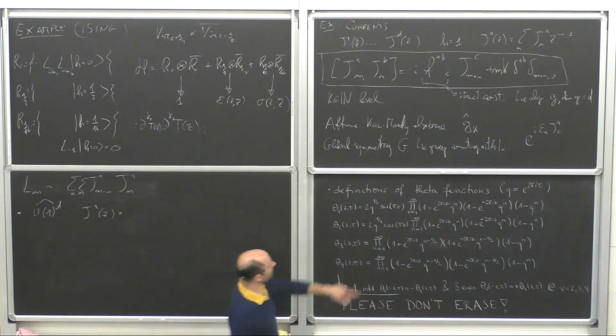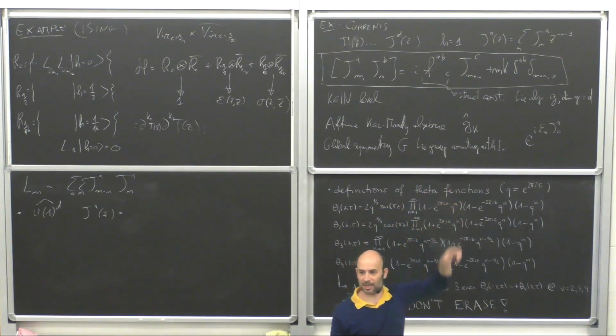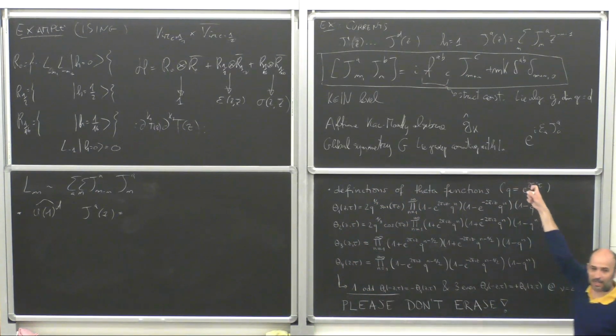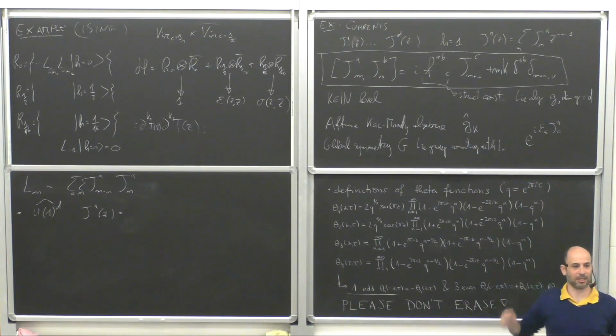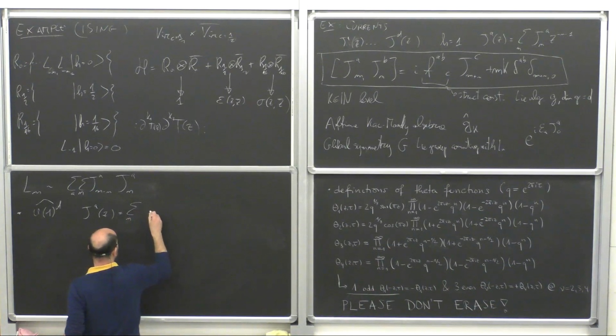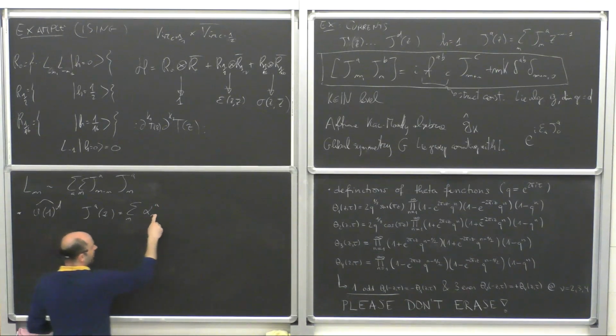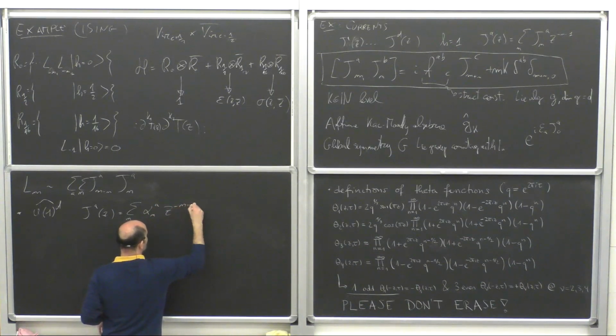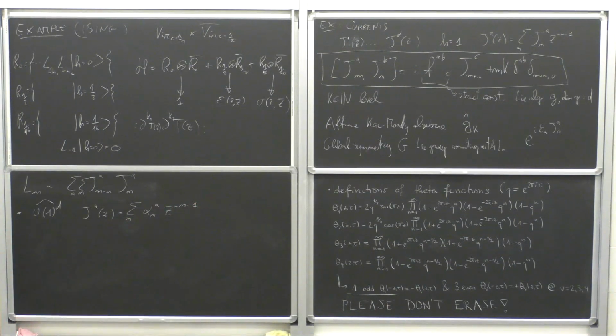The level doesn't really matter for abelian algebras because when you don't have the first term, you can rescale your current so that K is equal to 1. Let me write the modes of this in a slightly different way: I write them as a_n instead of J_n for abelian algebras. So what are the representations of this algebra?